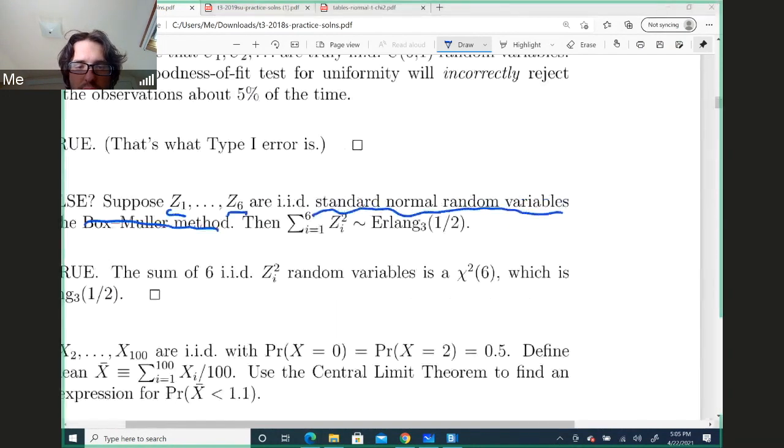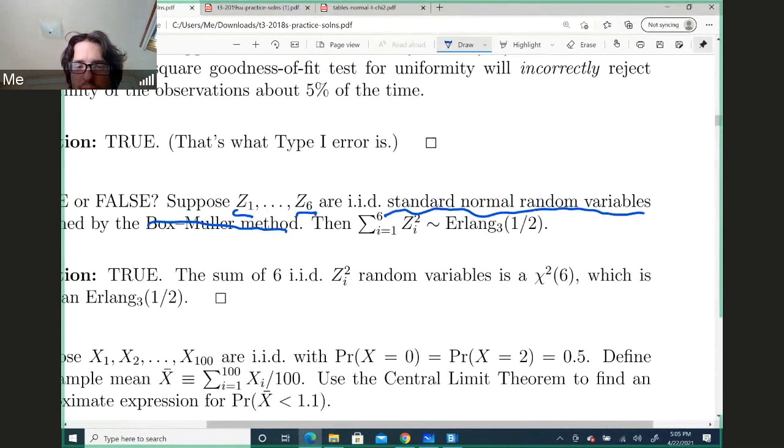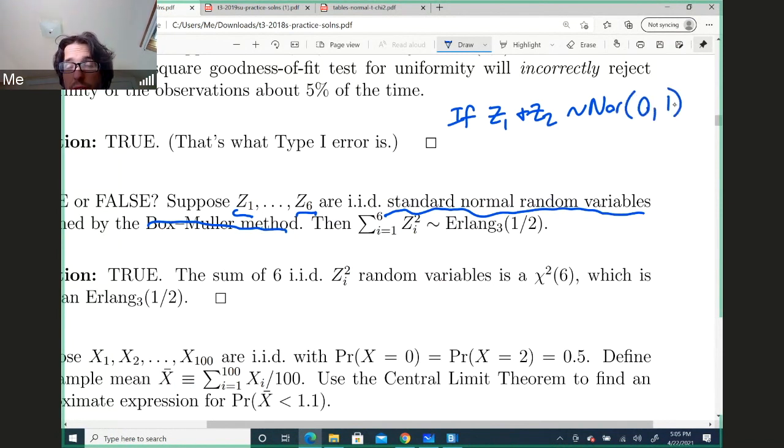Let's say Z1 and Z2 are normal random variables with a mean of 0 and a variance of 1.